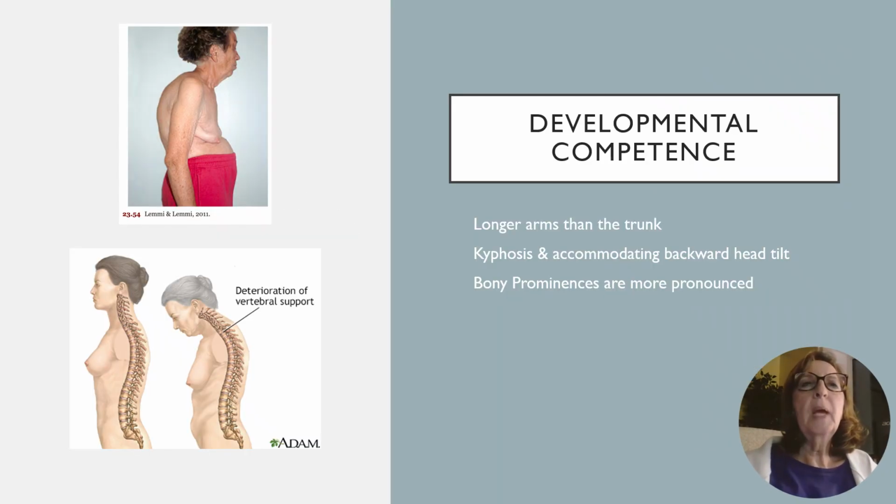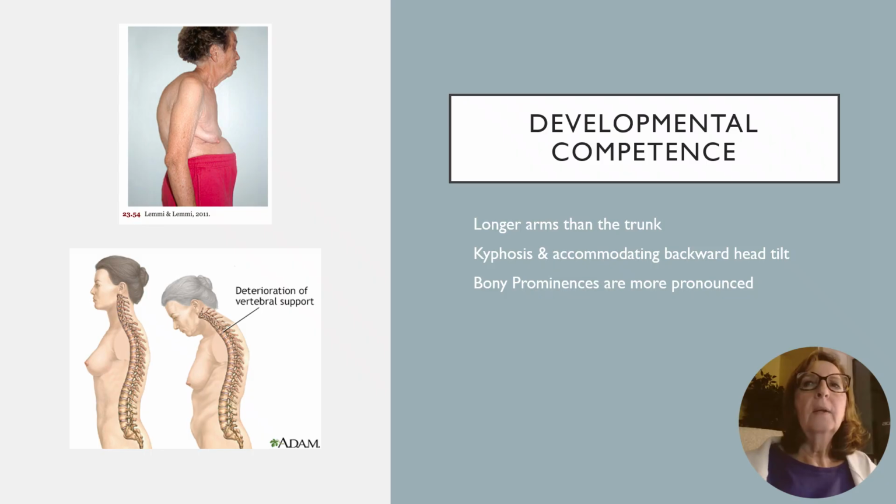We know that as patients age, we've talked about this, the body changes, and patients, especially in their 80s and 90s, develop kyphosis. As you can see on that top picture there, that patient's got pretty significant kyphosis. You can see some of the changes in her body.